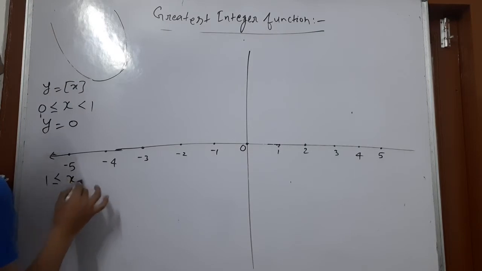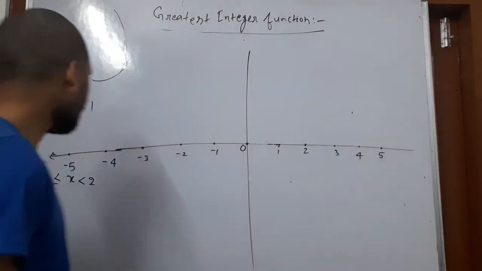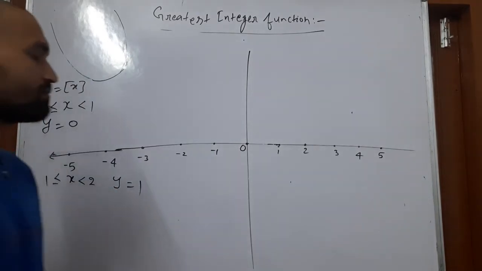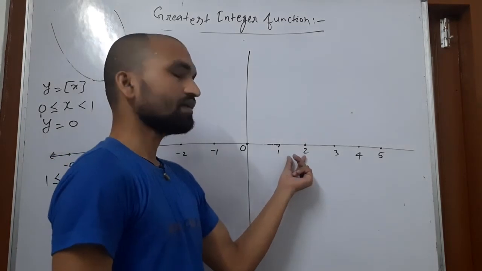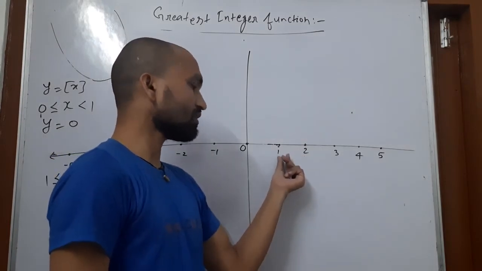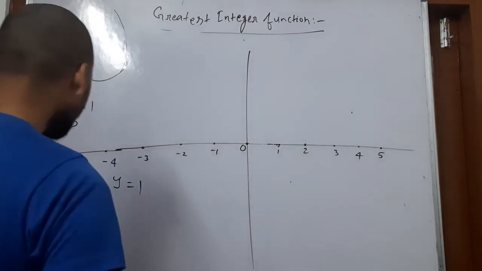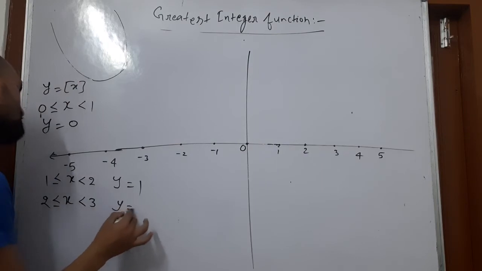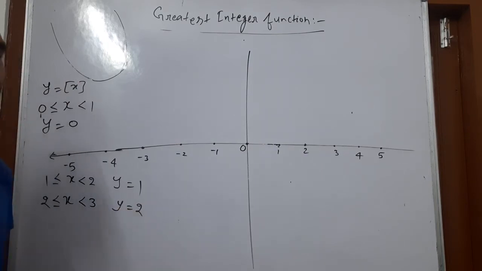Now when x is greater than or equal to 1 and less than 2, what is the value of y? y will be 1, because here the left value will be 1. After that, when x is greater than or equal to 2 and less than 3, y is always 2, because the left value of this interval is always 2.